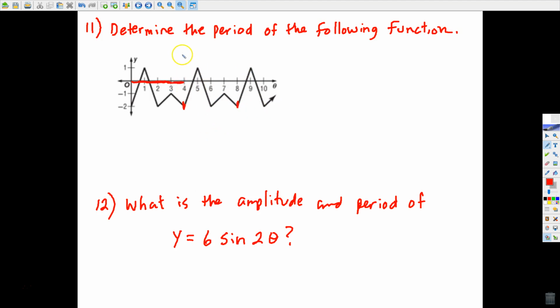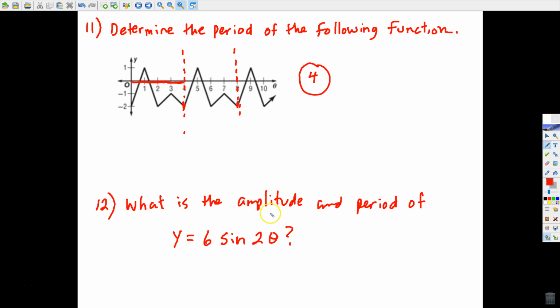So the way to define a period is the horizontal distance of that pattern that repeats itself time and again throughout the graph. Very simply, we don't know what these units are, but we would say that the period for number 11 would be 4. Every 4 units, it does the same thing. It repeats. And so that's our answer for number 11.